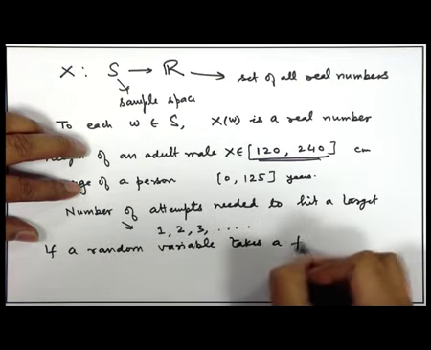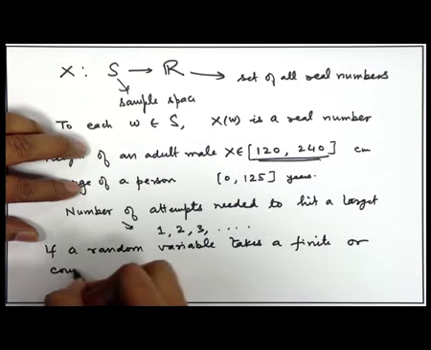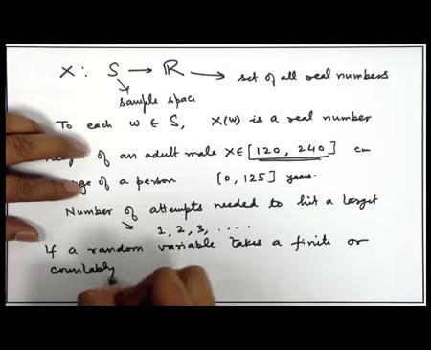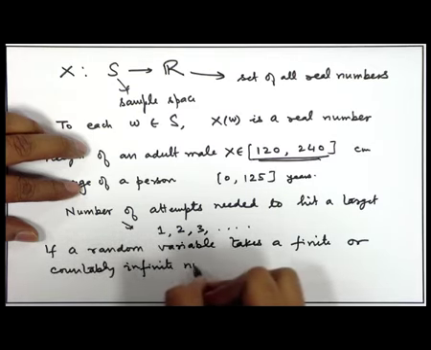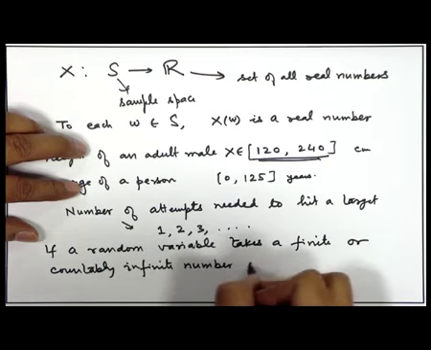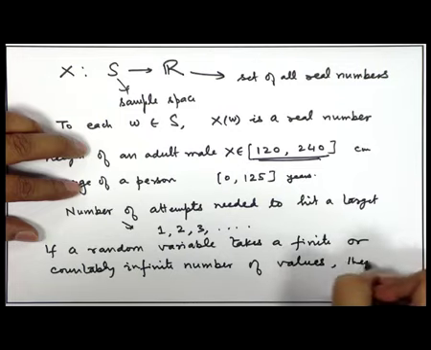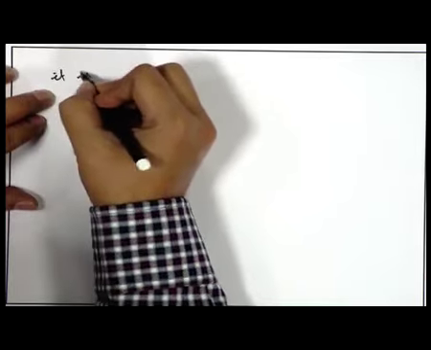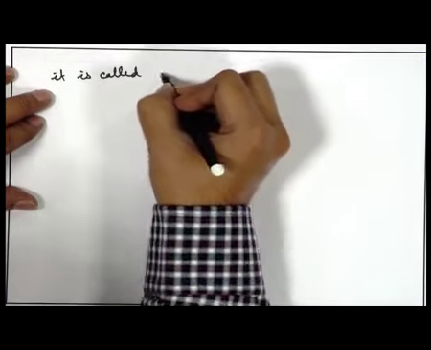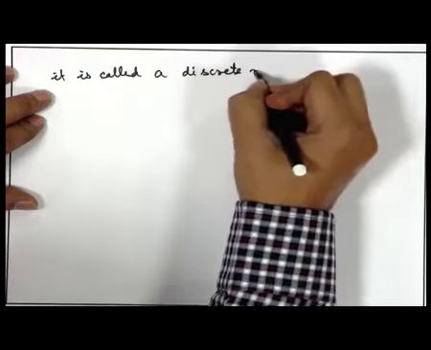So, if a random variable takes a finite or countably infinite number of values, then it is called a discrete random variable.